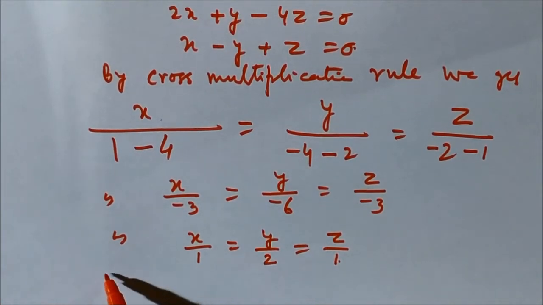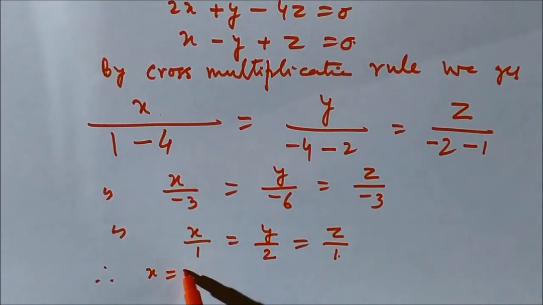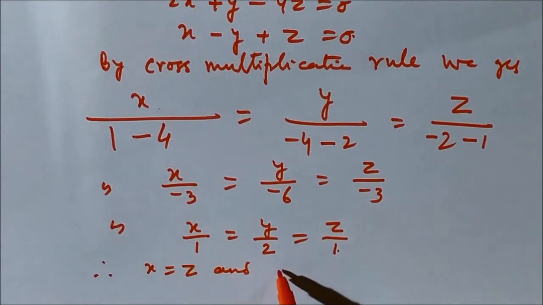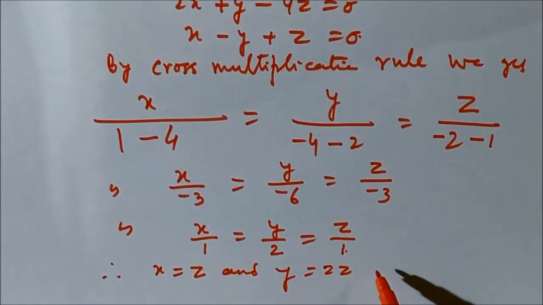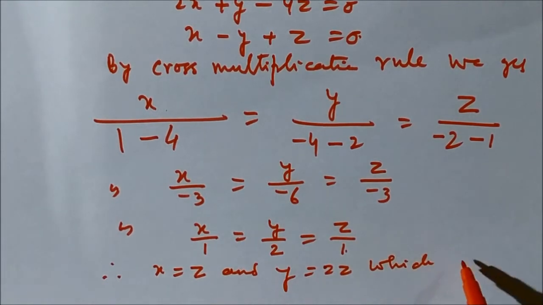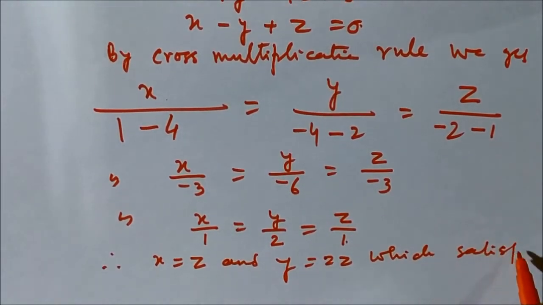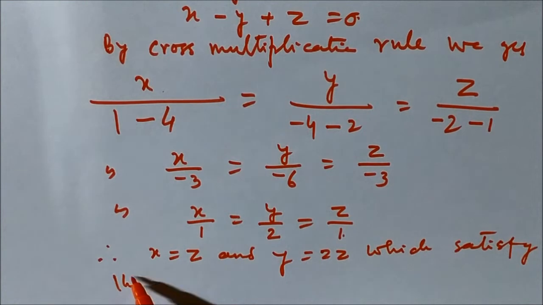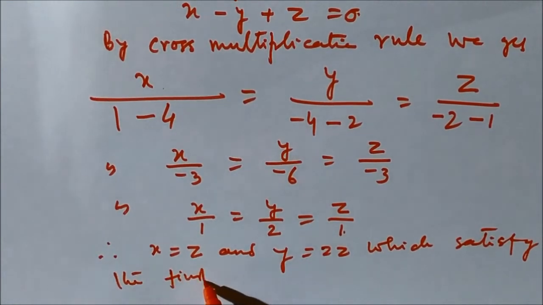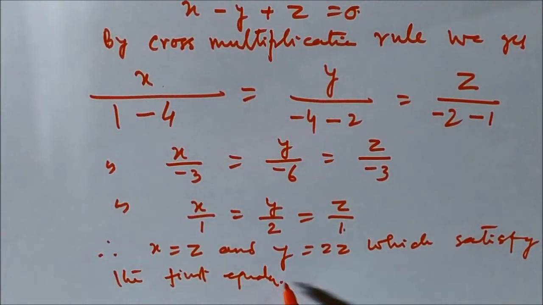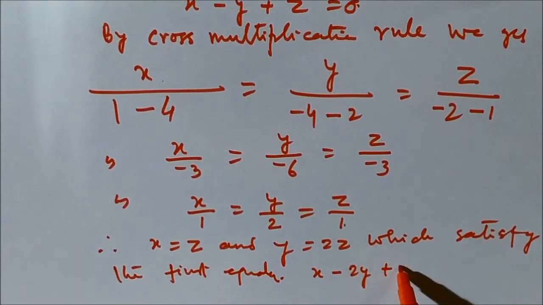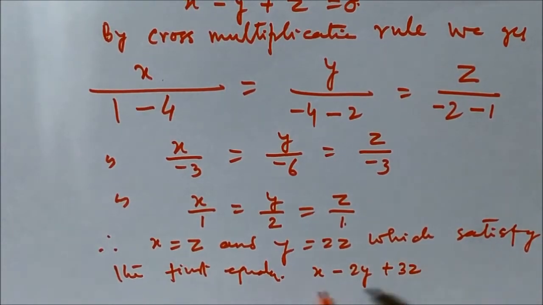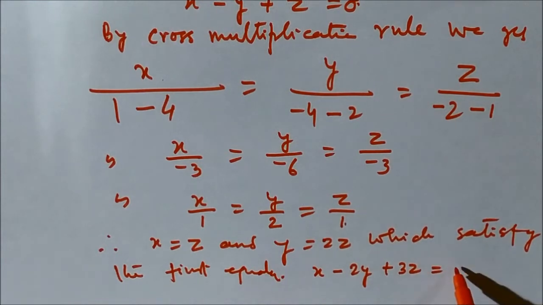Therefore, x equals z and y equals 2z, which satisfy the first equation, x minus 2y plus 3z equals 0.